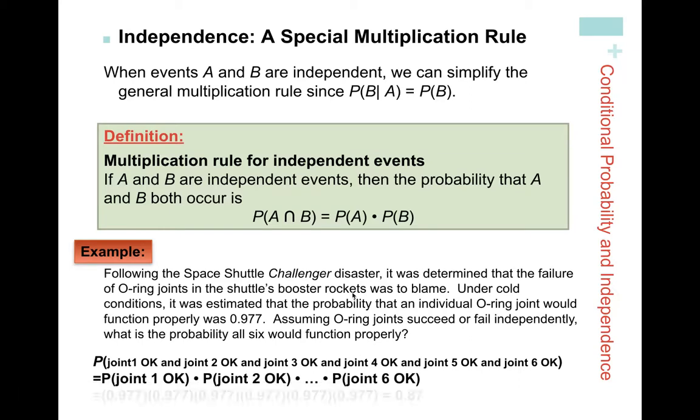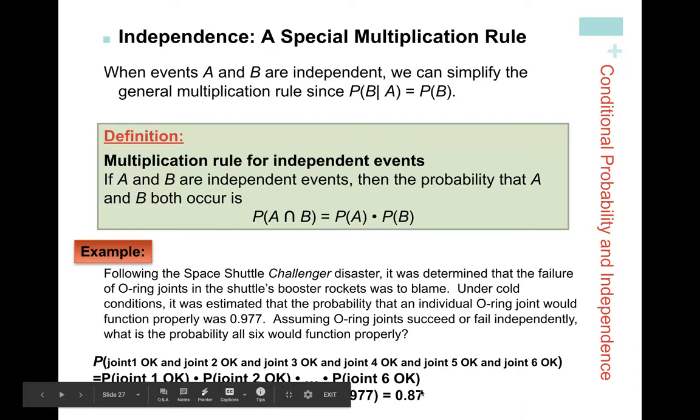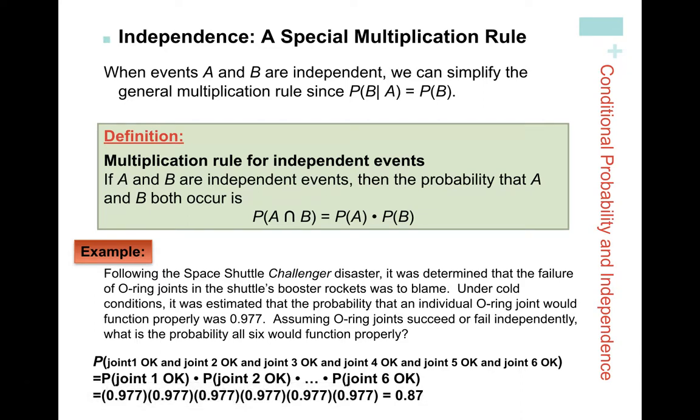And so that's just 0.977 times 0.977 times 0.977 and so on, so it's just 0.977 to the 6th, which is 0.87. So there is an 87% chance that all 6 rings will be okay. Unfortunately, obviously, we were in the 13%.